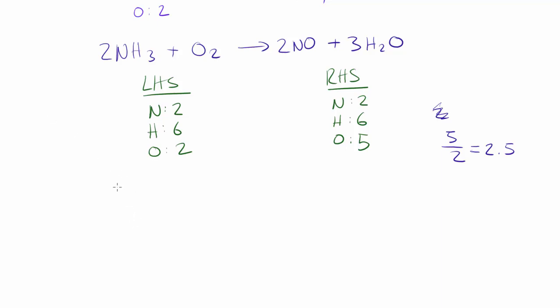So we're going to then get 2 NH₃ plus 2.5 O₂, right? What I'm doing here, if you can see that, is I've put the 2.5 as a coefficient for the O₂ to try and balance that. And so that's 2NO plus 3H₂O.